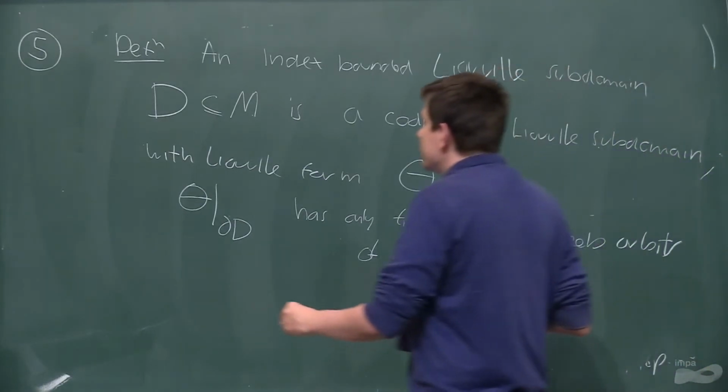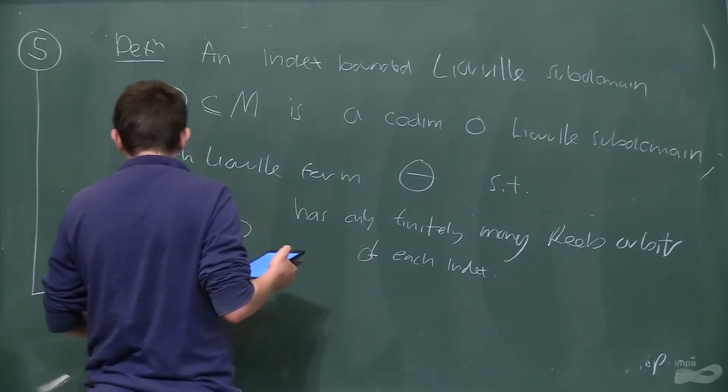So we have this property, and the next two axioms rely on this index boundedness.